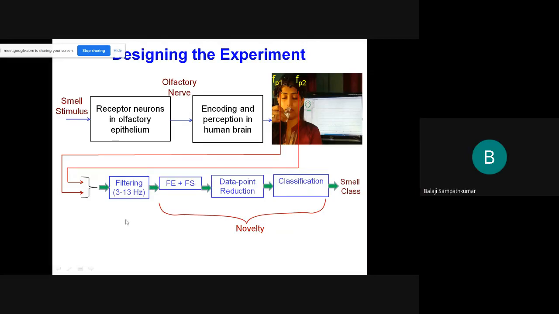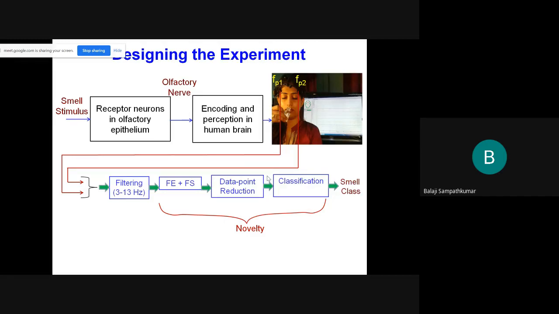Then after filtering, we need to identify the correct features, and we need to select the most significant features from these filtered EEG signals.